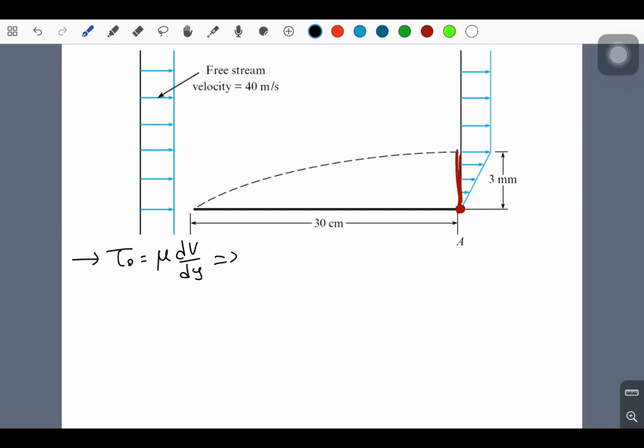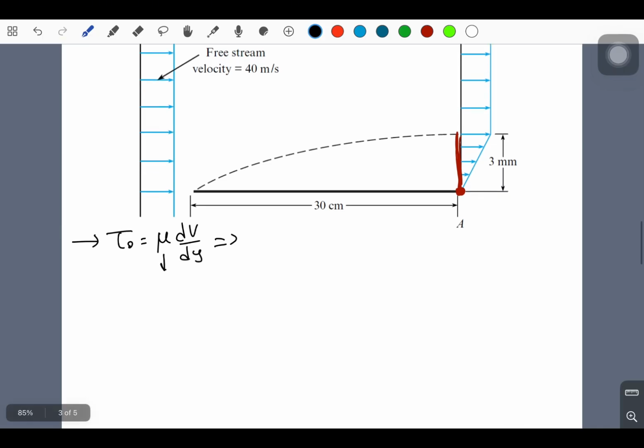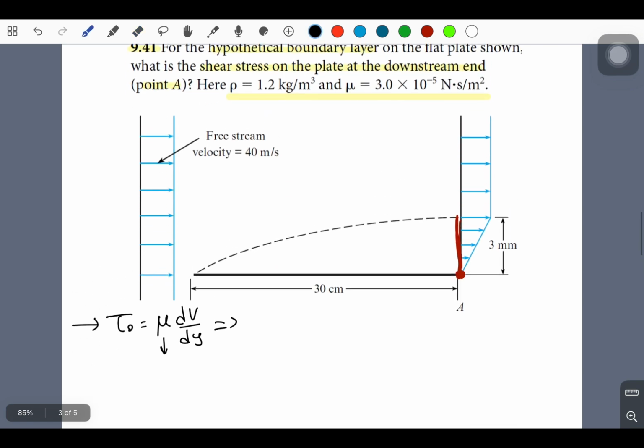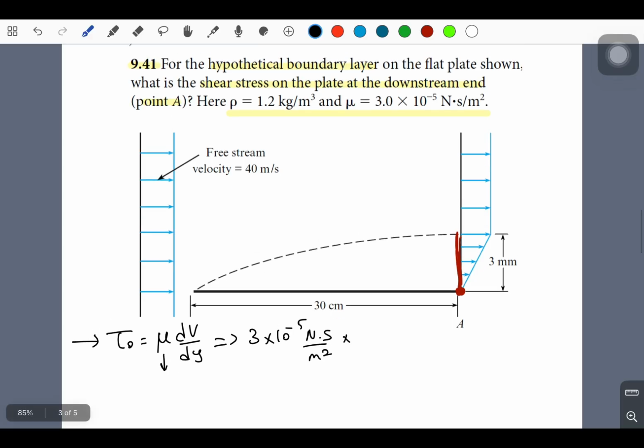So the dynamic viscosity is given as 3 times 10 to the power of minus 5. And the velocity was given as 40 meters per second. So we have this incoming approaching velocity as the free stream velocity.